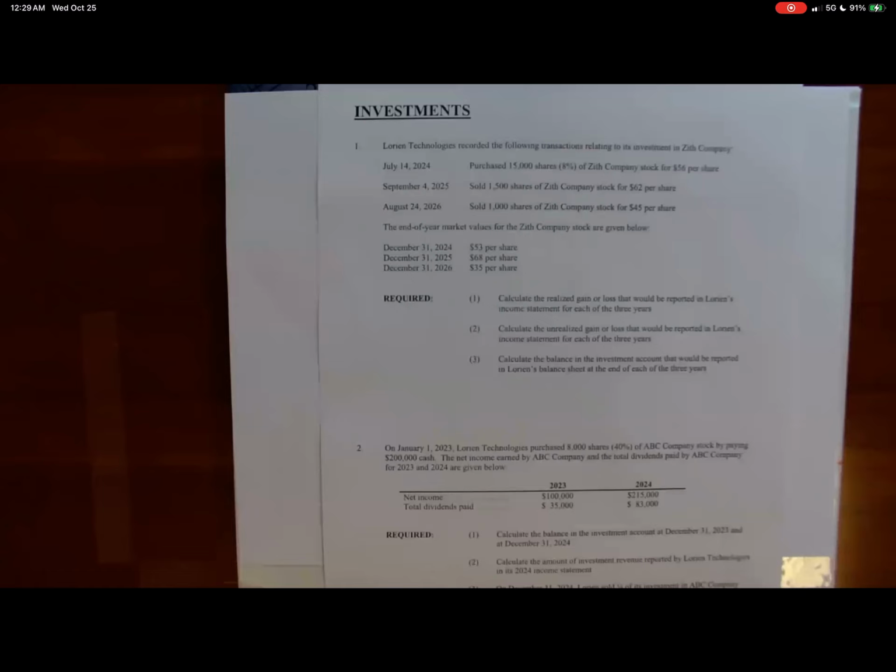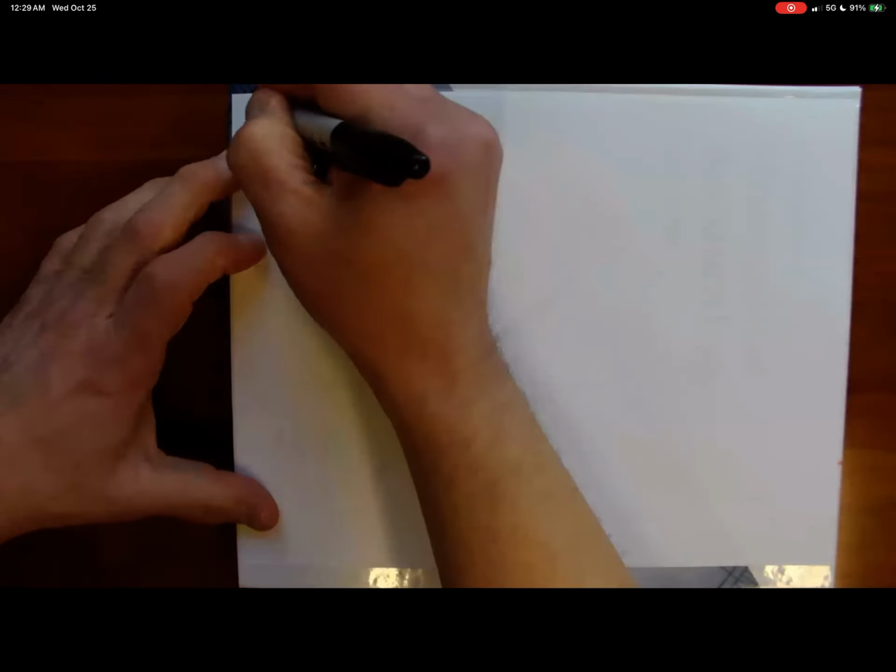So I want to start our discussion tonight by talking about those investments where we own less than 20%. Talk a little bit about the accounting, and then we'll turn to our example and do some work. And then we'll talk about the other types of investments, and then come back to the second problem and do a little bit more work. But let's get started with investments where we own less than 20%.